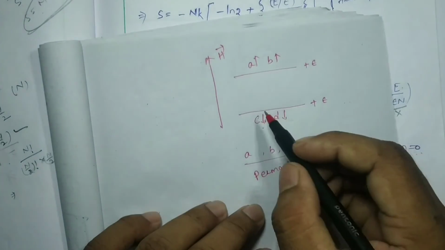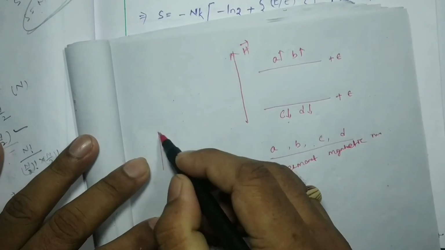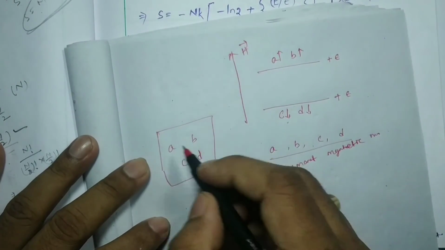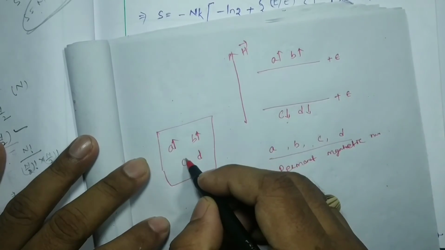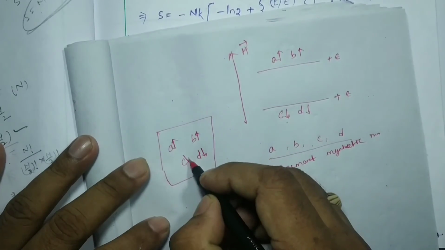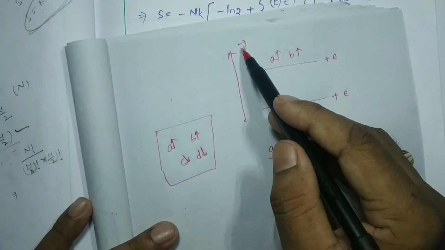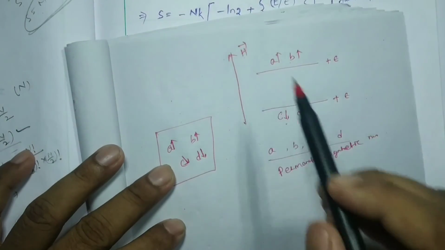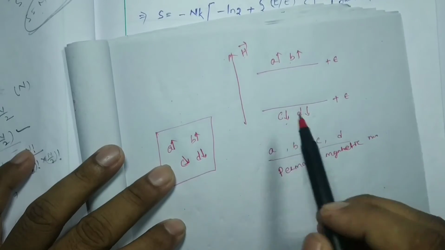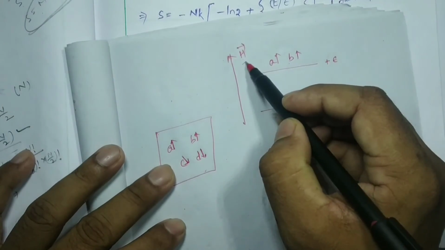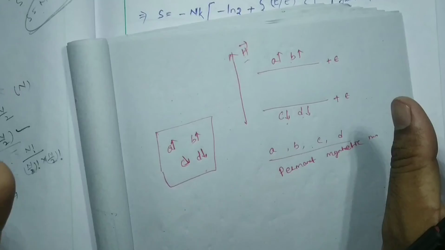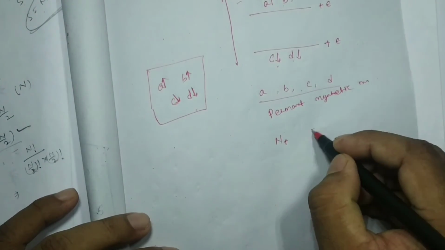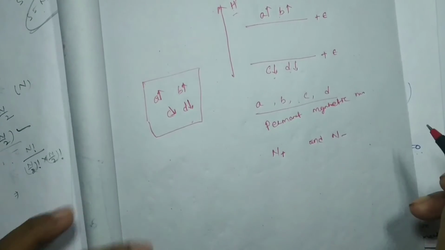Suppose this is your system, A, B, C, D are the 4 particles. They have permanent magnetic moment. So whenever we apply magnetic field, let A and B be aligned parallel with the applied magnetic field, C and D aligned antiparallel with the applied magnetic field. So this will be the situation. So here we can define N plus and N minus.